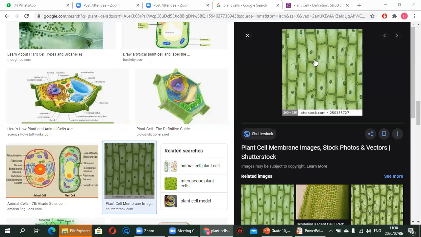Do you understand now? Do you have a clearer picture of where this middle lamella would be? Where there's a darker green, it will be somewhere there in the middle because it's keeping those two cells joined together. If the middle lamella is not there, even the pectin wouldn't be there.